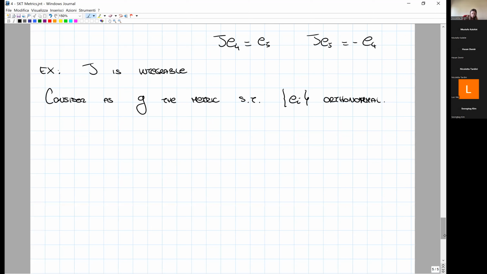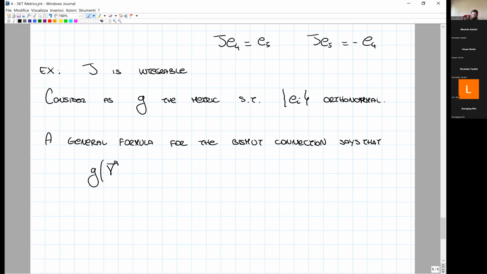So there is a general formula for the Bismut connection. We showed this formula the first day. The Bismut connection is related to the Levi-Civita connection by this formula.